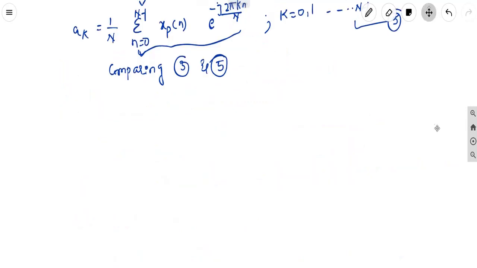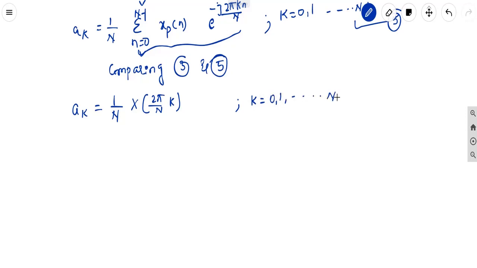Now comparing equation 3 and 5, we are going to get a of k is equal to 1 by N, X of 2 pi by N k, where we don't have small n in this equation, so we define only k. So k is equal to 0, 1, ..., N minus 1.